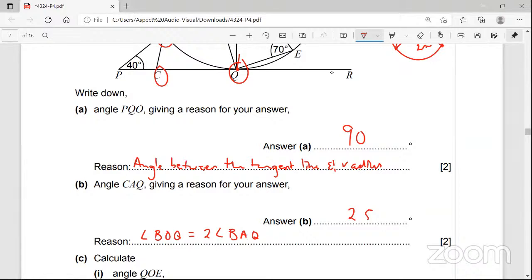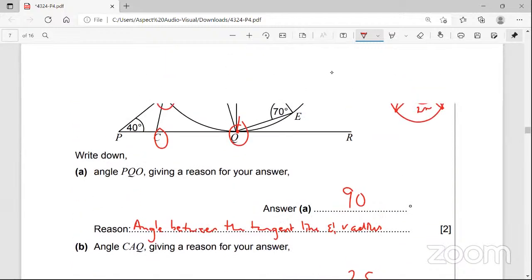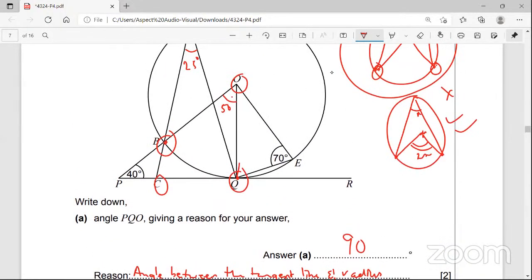So the fact that angle BOQ is 50, then that means your angle BAQ will be right. No. We are looking at it in terms of the inscribed angle. Remember, this CAQ has nothing to do with the properties of a circle.